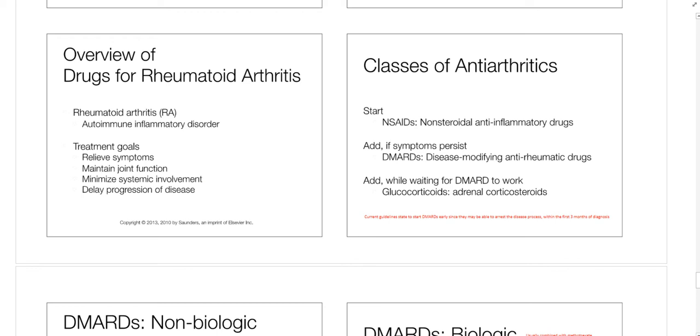We're going to start all of our patients with NSAIDs, and according to the current guidelines, there's also the potential that we're going to start our DMARDs, which are our disease-modifying anti-rheumatic drugs, early, since they might actually be able to arrest the disease process, just halt it, keep it where it's currently at, if it's given within 3 months of diagnosis.